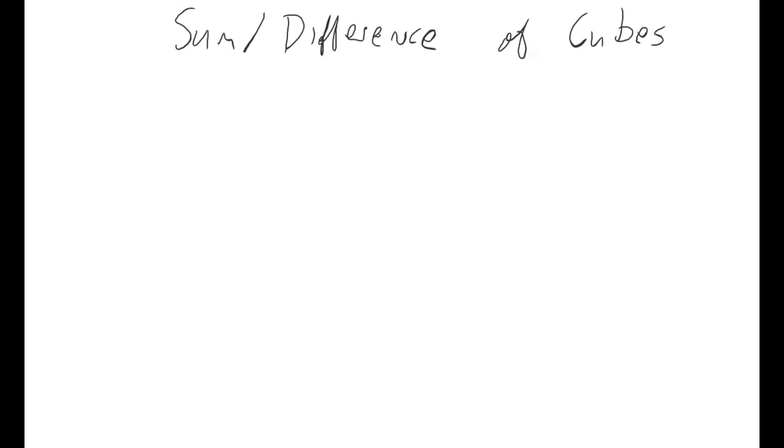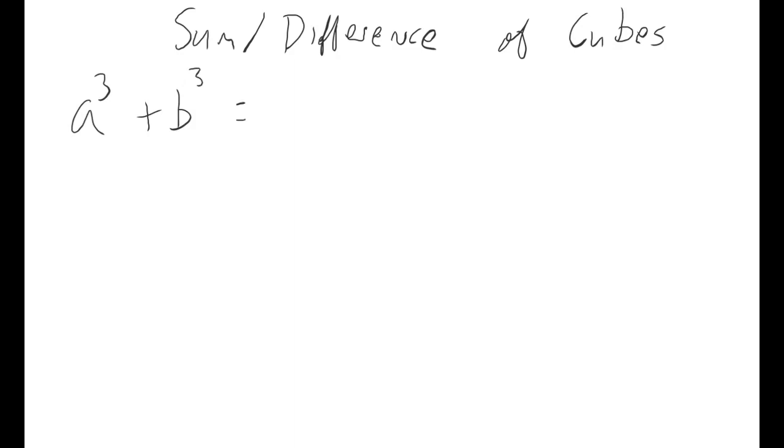And this is actually 6.3. So instead of following the book, I'm following the table. So sum of the difference of cubes formula is a cubed plus b cubed, not squared, cubed, right?